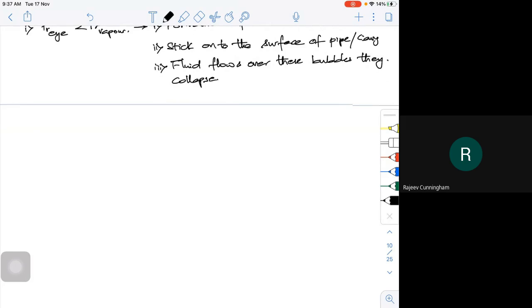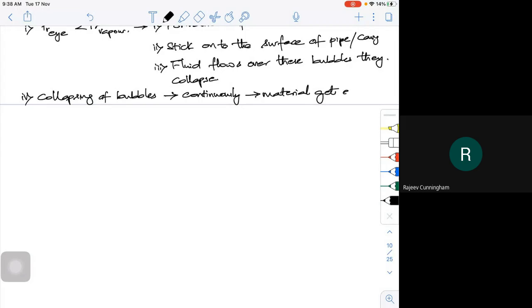Okay. Now, this collapsing is a continuous phenomenon. This collapsing of the bubbles, if it happens continuously, then the material gets eroded.